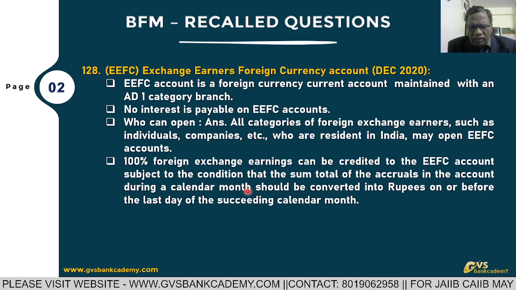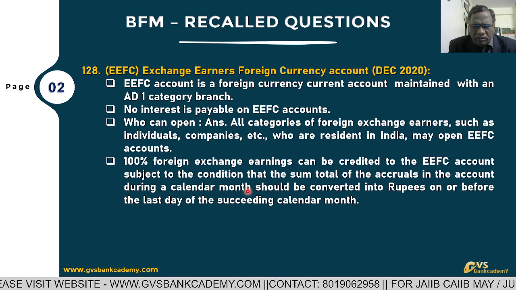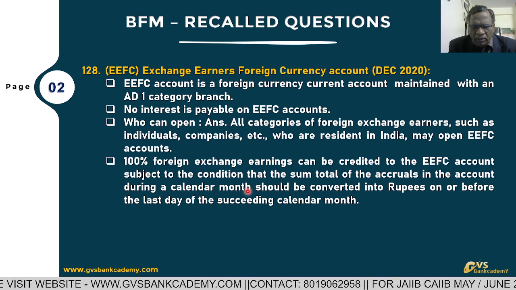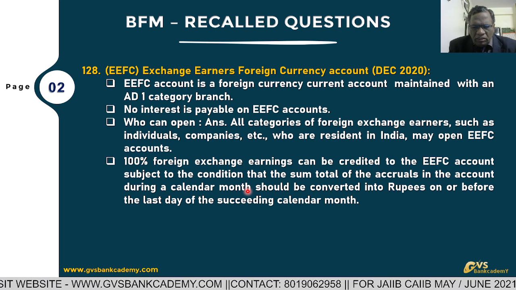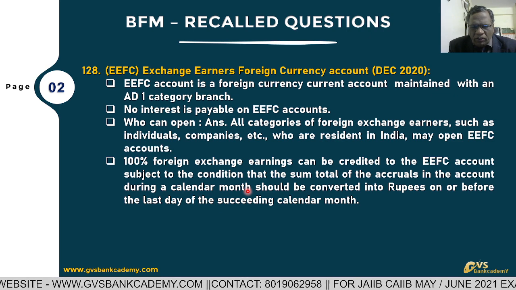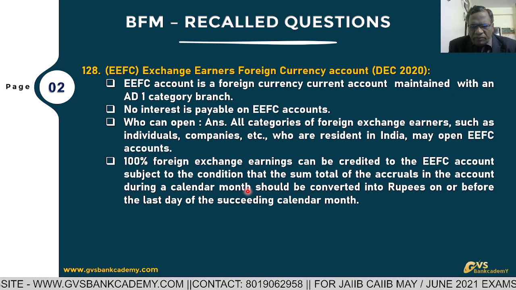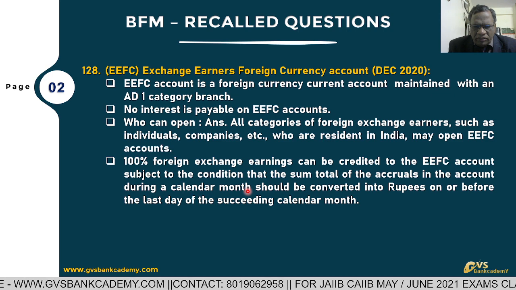Whatever the outstanding balance during the current calendar month, that amount is to be converted into rupees, or they are allowed to make EFC foreign currency payments directly during the succeeding month.